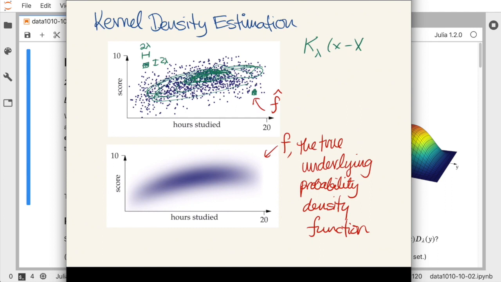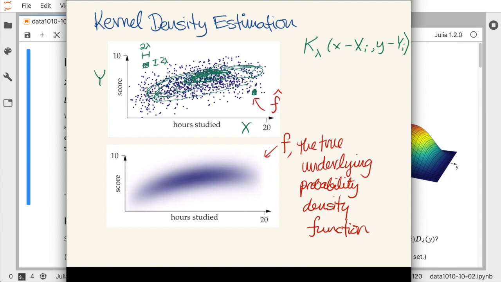So if the variable along the x-axis is called x and the variable along the y-axis is called y, and if the observations are (xi, yi), as i ranges from 1 to n, where n is how many observations we have, then k lambda of (x minus xi, y minus yi) is one little pile. And it's going to have total mass 1. So this function k lambda is going to be designed so that it integrates out to 1.